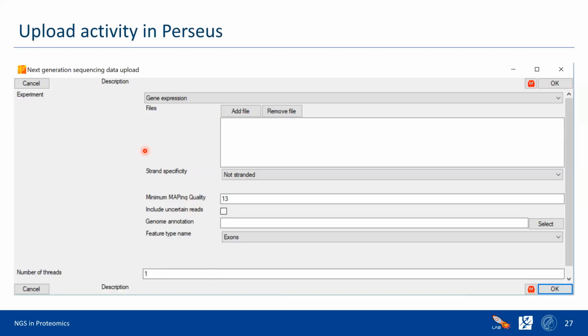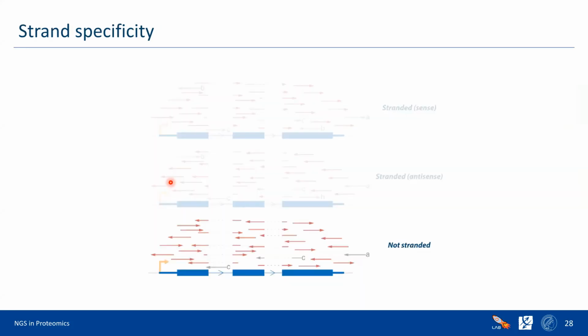You see there's a strand specificity parameter here, and by default it's set to not stranded. That basically means that the fragments don't have any directionality, they are directed 50% in one direction and 50% in another.